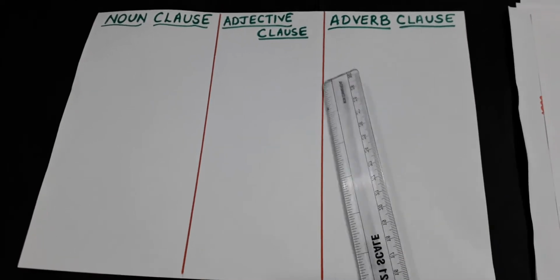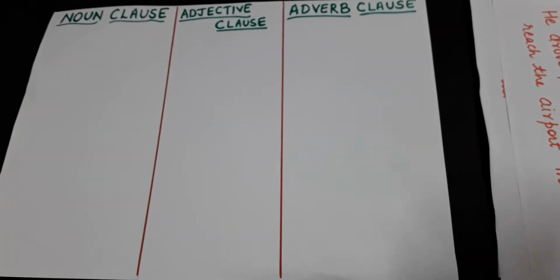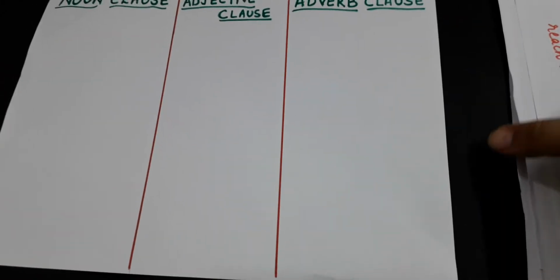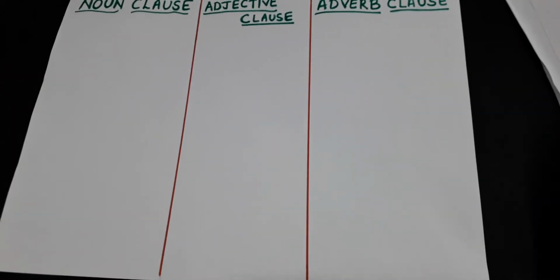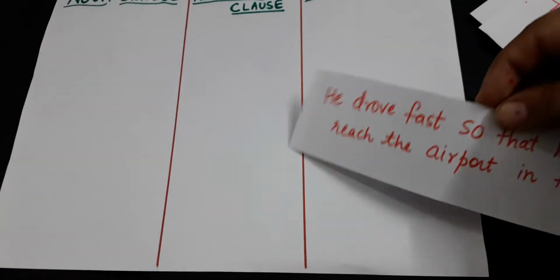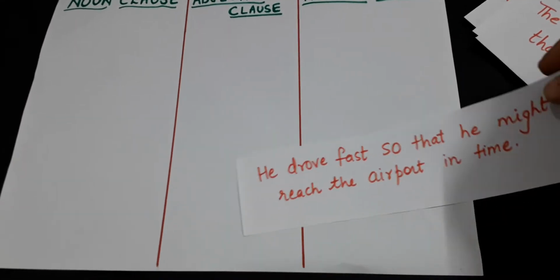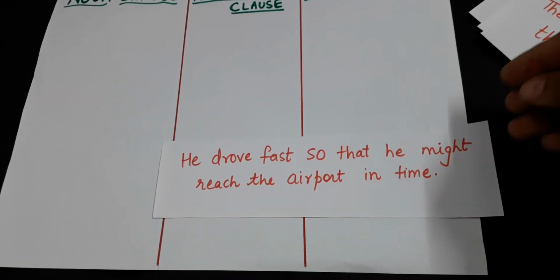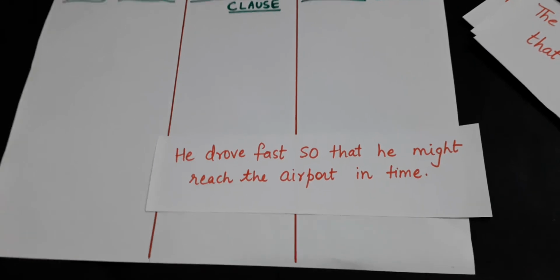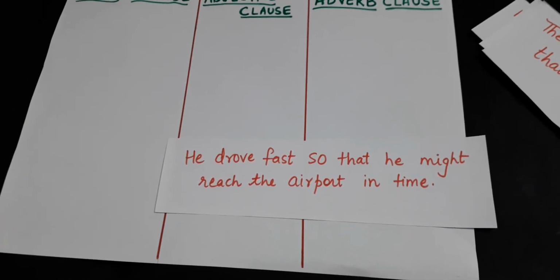So let's start. We have a few sentences with us and we are going to identify the clause as well as its type. The first sentence is: He drove fast so that he might reach the airport in time.